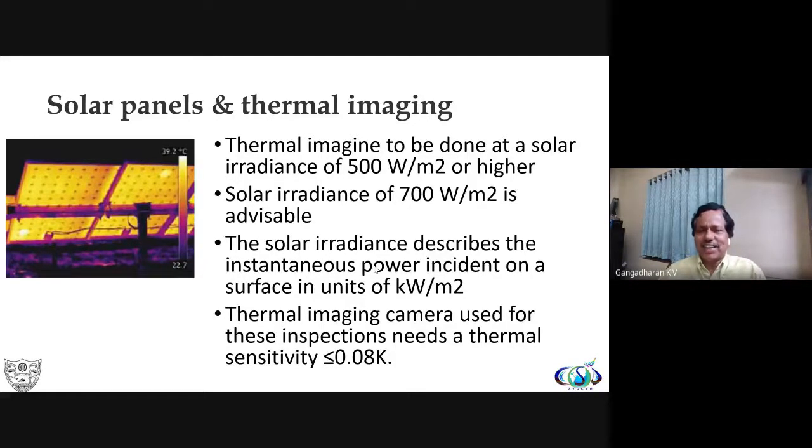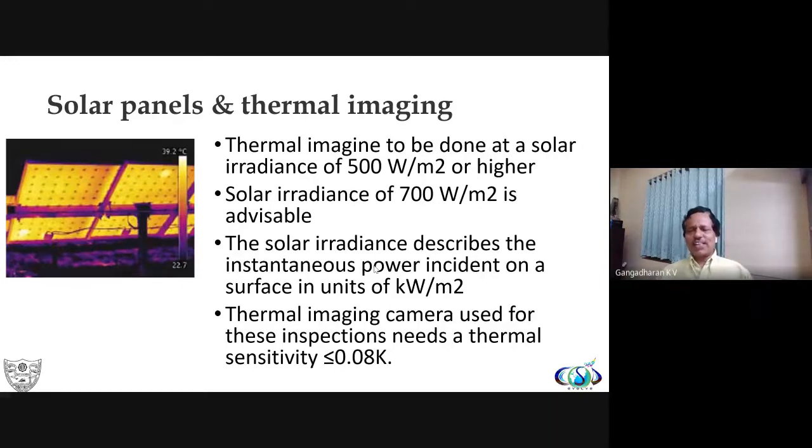When we read the theory again and again, we understood that thermal imaging needs to be done at a solar irradiance, that is solar radiation, of 500 watts per square meter or higher. In fact, present-day literature suggests 700 watts per square meter is advisable. Or if you cannot do that, you may have to use a flashlight to give such an irradiance, which can be measured, and then take the thermograph.